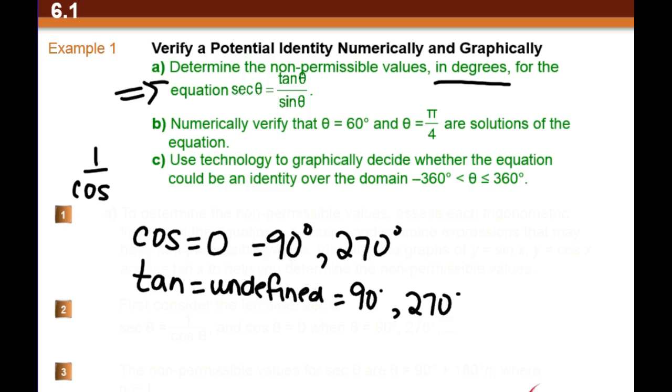And then there's also sine in this part of the equation. So we want to know when sine is equal to 0, because sine happens to be in the bottom of this equation, and we don't want that to equal 0. So where on your unit circle is sine equal to 0? 0 and 180 degrees.